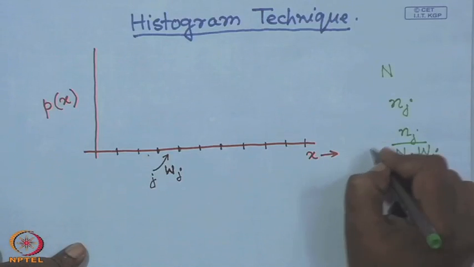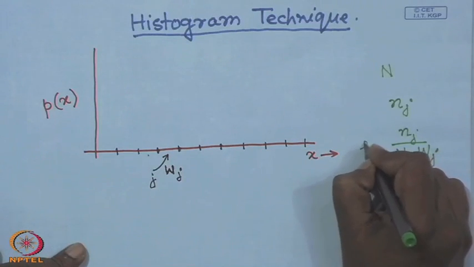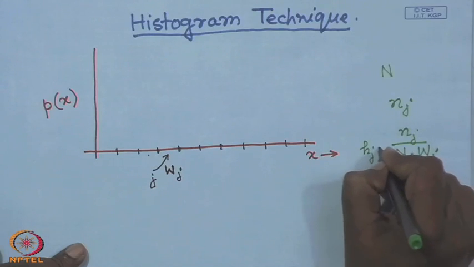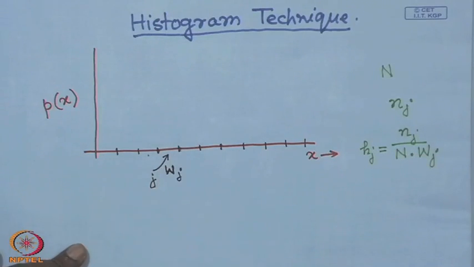And this is what will give me the h j, or height of the bar representing this probability density function.